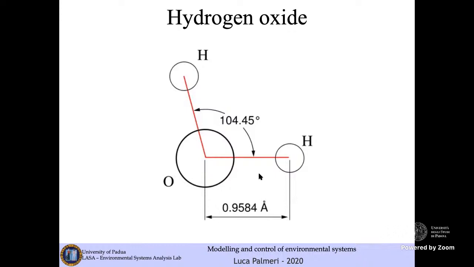And the other relevant aspect of this molecule that you should remember is that the angle between the two hydrogen atoms linked with the bonds to the oxygen atom is 104.45 degrees.